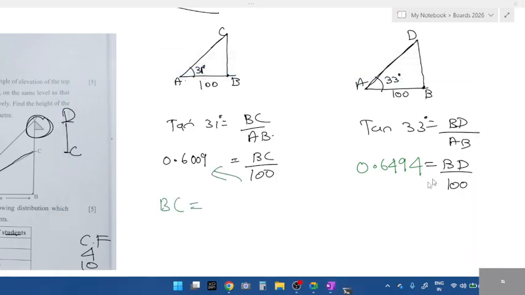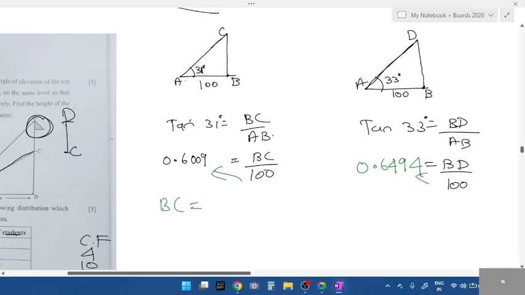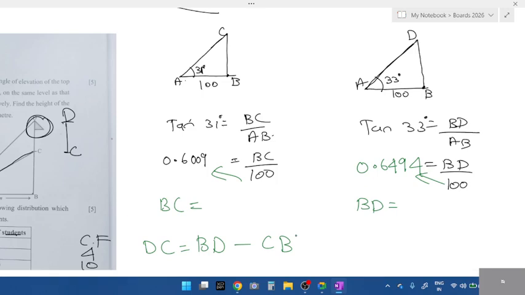Multiply this, find the value of BD. Then if you want to find DC, which do I need to subtract, students? Which is the greater value here? The greater value is BD. BD minus CB. Such a simple question for 5 marks.